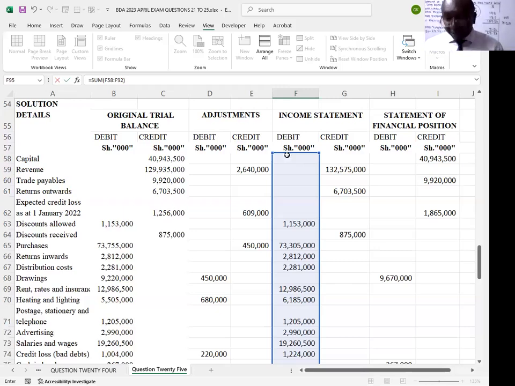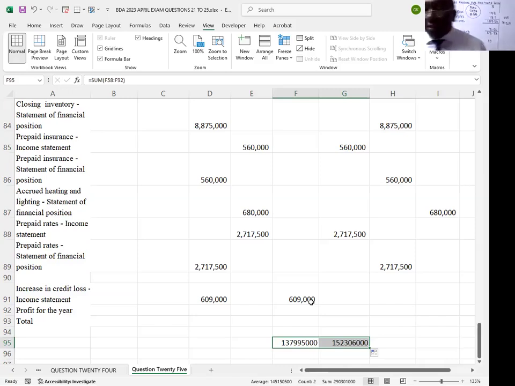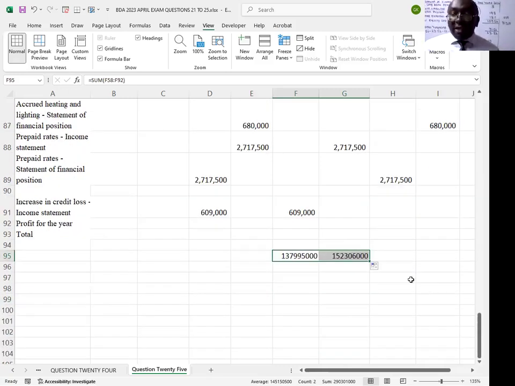And 135. 135. I mean, I have 137. Someone else? 137. So James, check which one you don't have. Yes. So we are agreeing it is 137. So you see now on this side, this is 152.